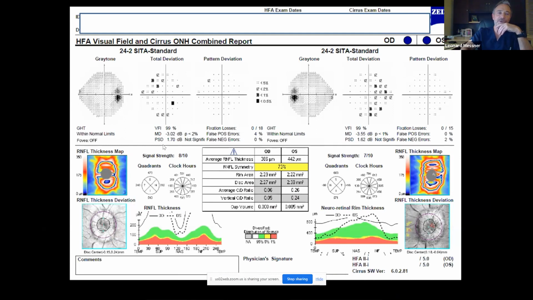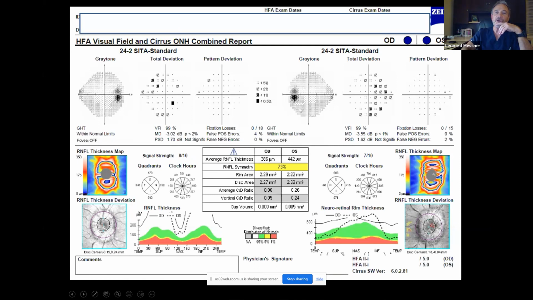idiopathic intracranial hypertension, which is an enlargement of the blind spot bilaterally with a little bit of a nasal depression, or what you can think of as a nasal step, very similar to what you see among your glaucoma patients. So enlargement of the blind spot along with a little bit of a nasal defect.